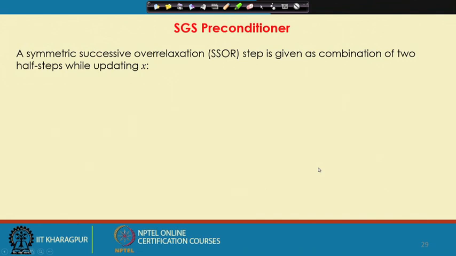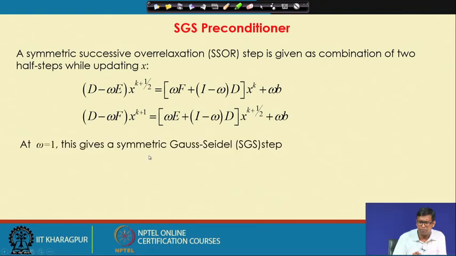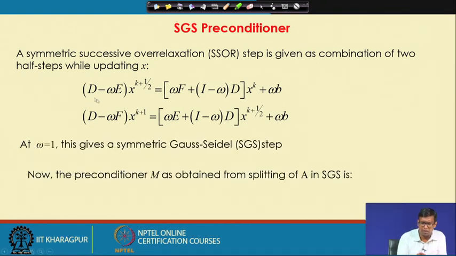A symmetric method can be thought of as symmetric successive over relaxation steps. We have discussed successive over relaxation, but this is successive over relaxation combining two steps. One is combining the lower triangular already updated part of the vectors, and another is updating the other elements of the vector, and then getting the final update using these updates. So, the SOR is broken into two half steps, which is called symmetric preconditioning.